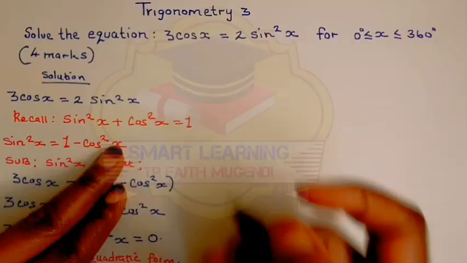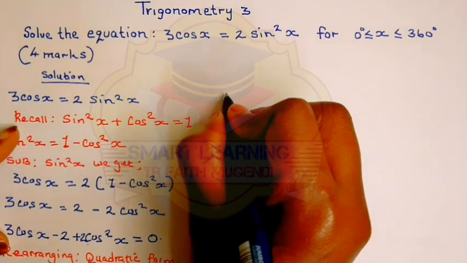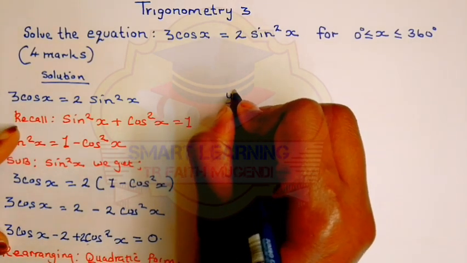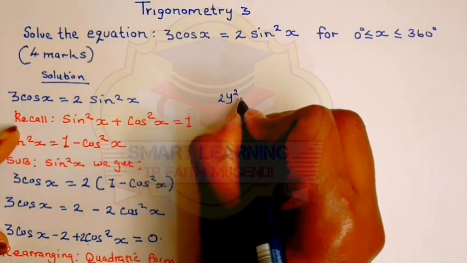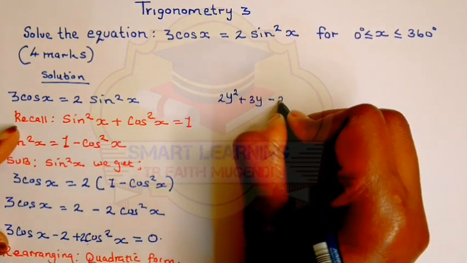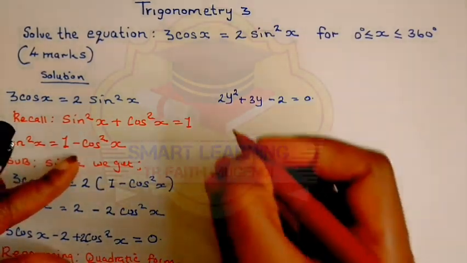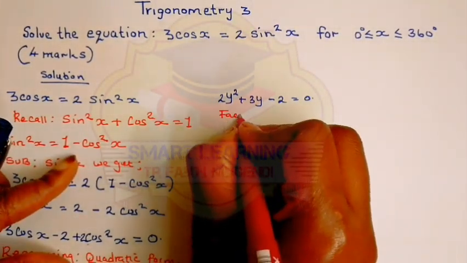So let's continue. Rewriting the equation, we shall have 2y squared plus 3y minus 2 is equivalent to 0. So I'm going to use the factorization method.